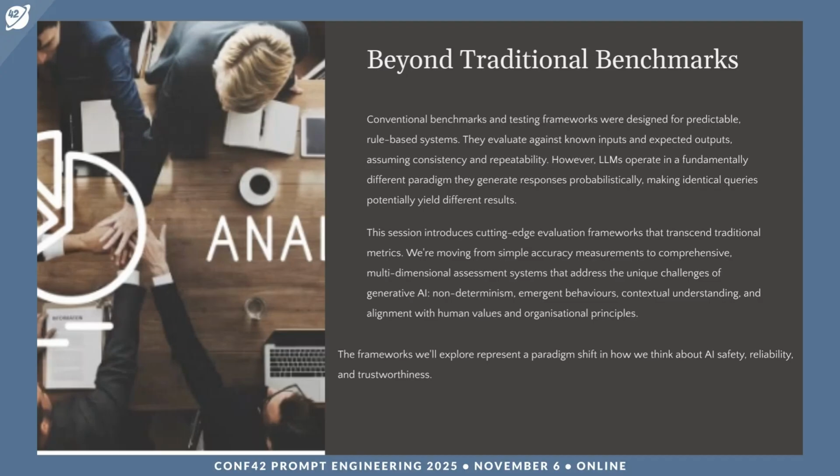To address the challenges of generative AI, which are non-determinism, emergent behaviors, contextual understanding, and so on. This is exactly why we need an AI framework which provides safety, reliability, and trustworthiness. I just wanted to give you a bit of context between traditional benchmarks and LLMs, to prove the point of why we need a framework.